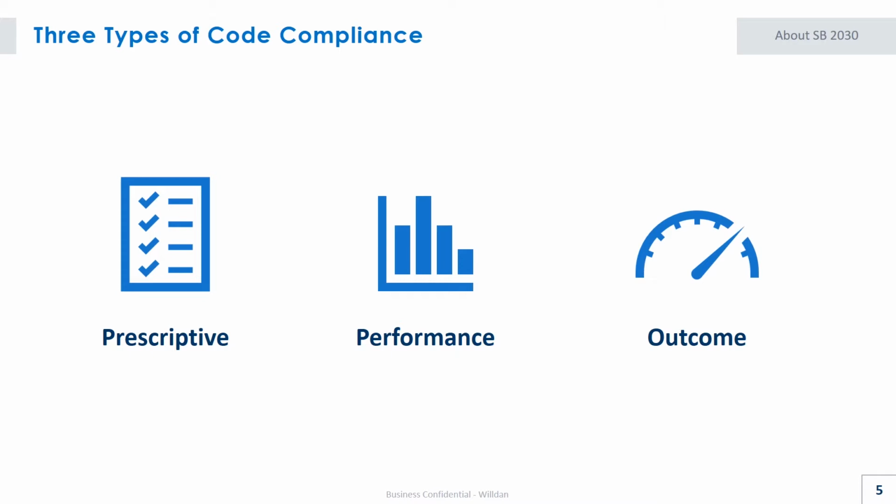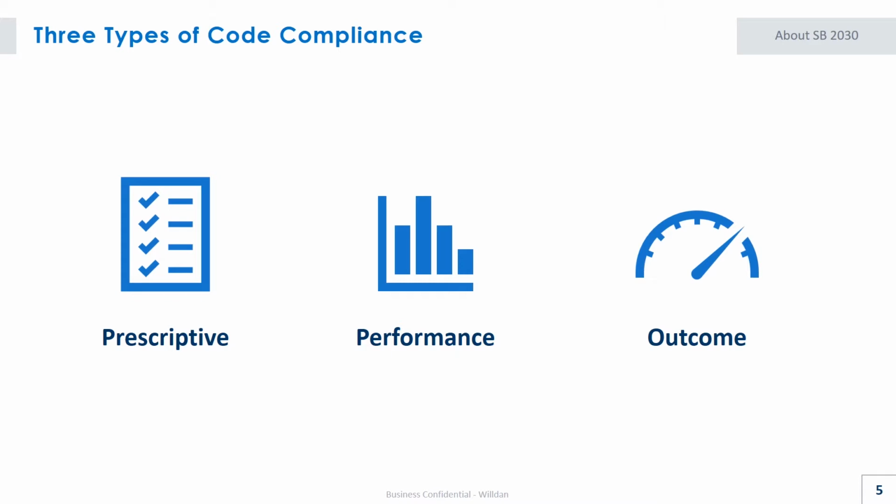Performance-based code compliance is saying that your building is expected to use less energy than that prescriptive building. It is usually done with an energy model. You do a comparison. If your modeled building energy consumption is using less energy, great, you're code compliant. Both of these are about the design of the building, not actually about how the building uses energy in the real world after people move in.